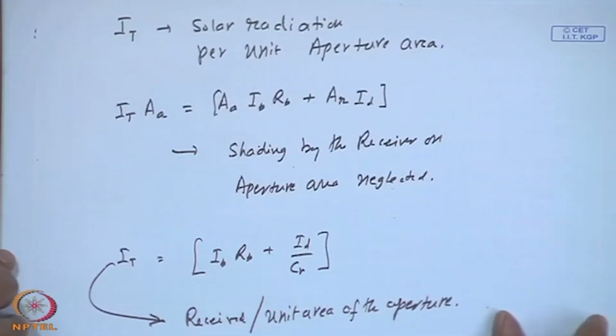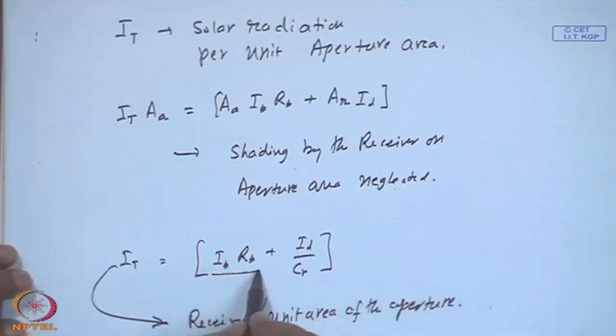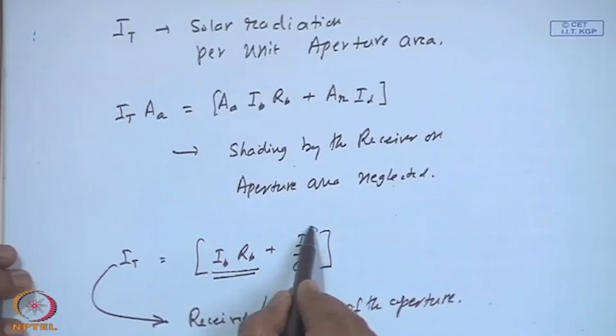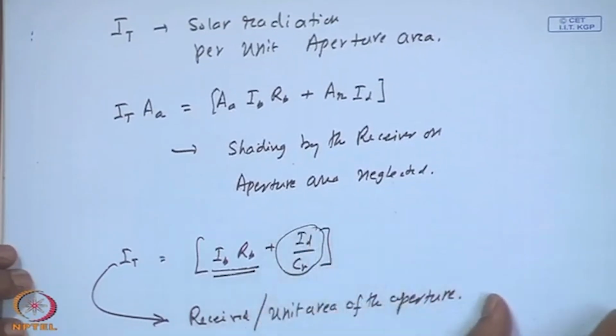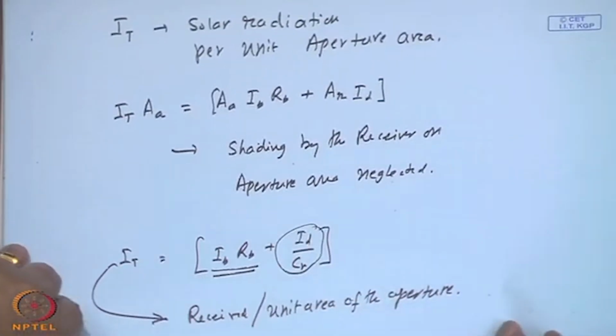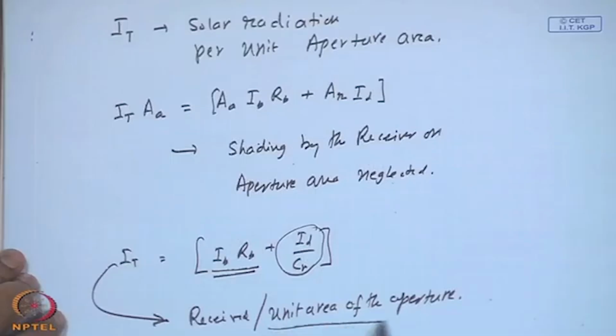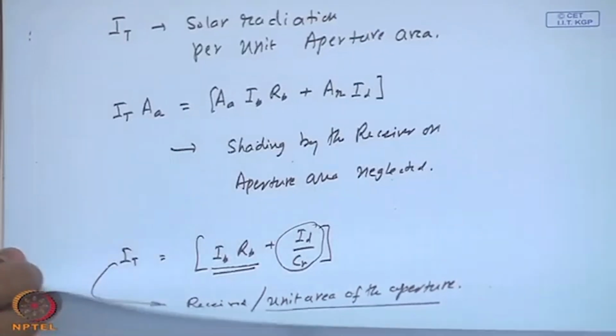Okay, so it receives IBRB, that is straightforward, but a fraction of the diffuse radiation that is directly collected by the receiver should be included in order to estimate IT. Only thing is, we are basing it on unit area of the aperture.